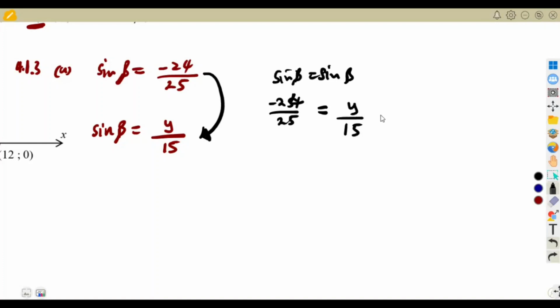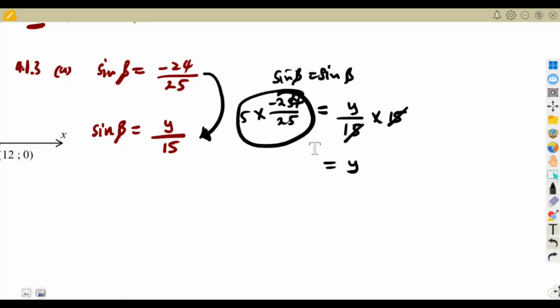You can do cross multiplication, which is fine, or you can just multiply by 15 on both sides to remove the fraction. Multiplying by the number on the denominator, this will cancel. So y is going to be equal to 15 times negative 24 over 25. So what are we going to obtain?